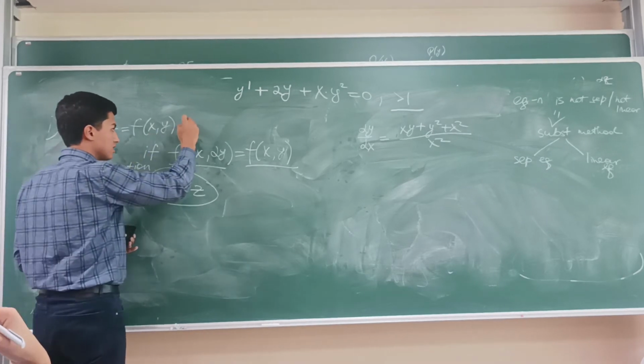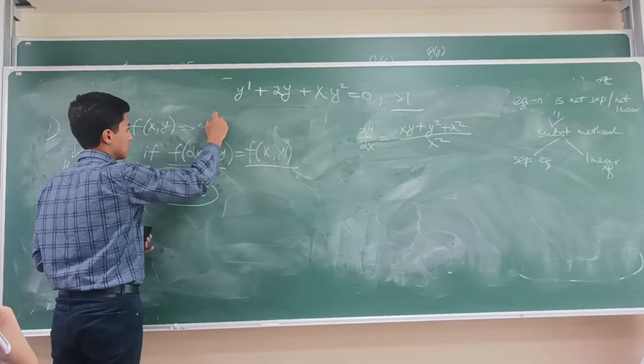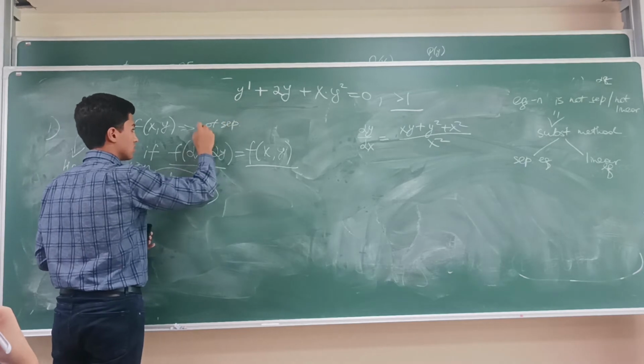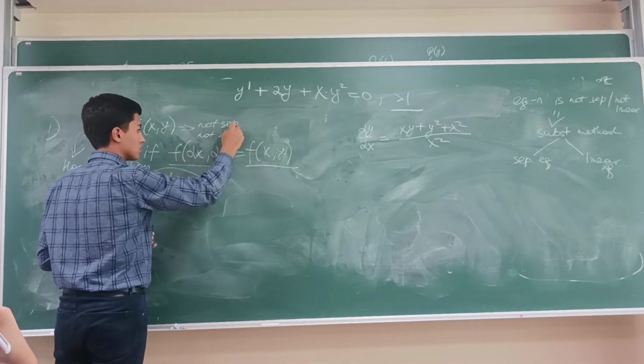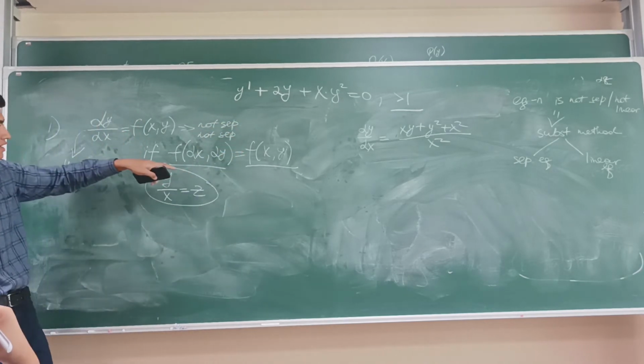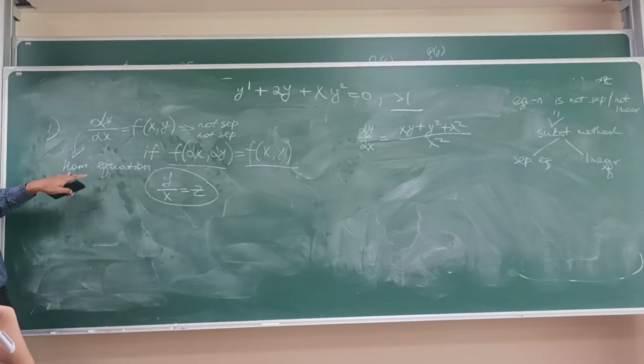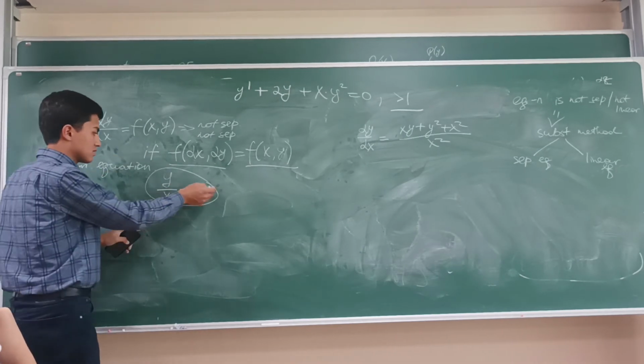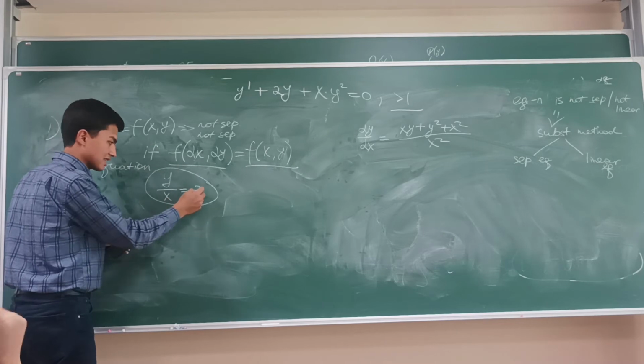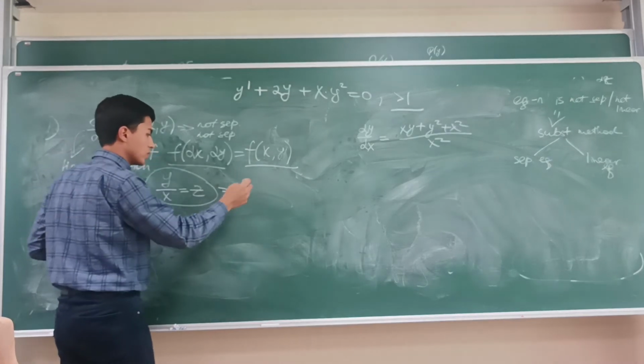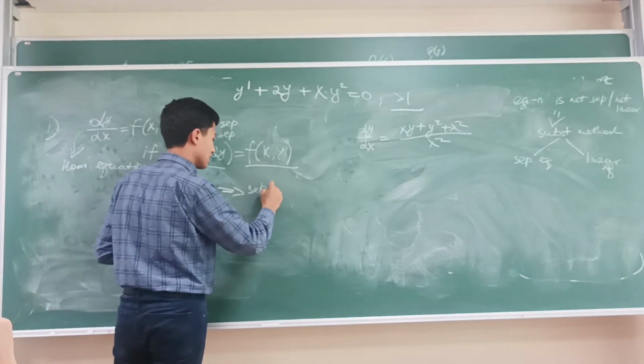But we have found that this is a homogeneous equation, and now we try to substitute y over x with z, then as a result we will get a separable equation, okay?